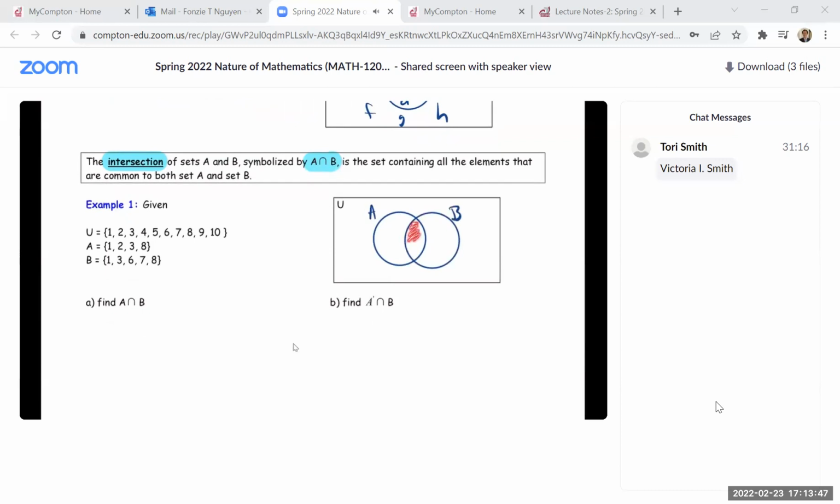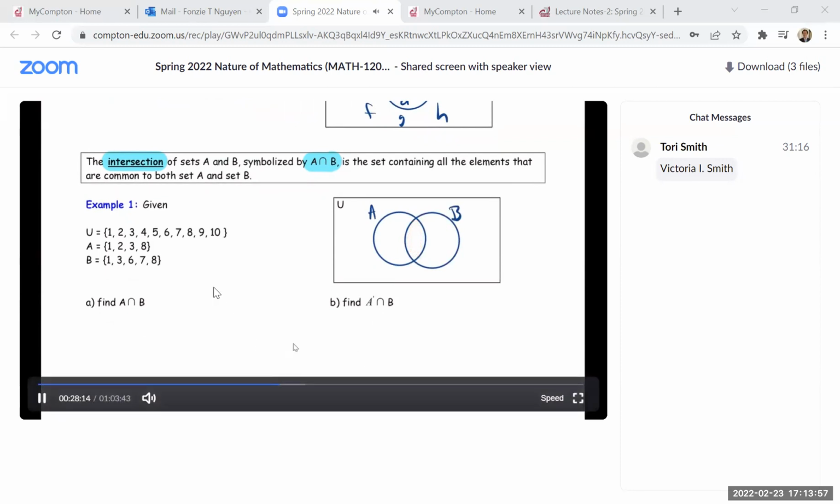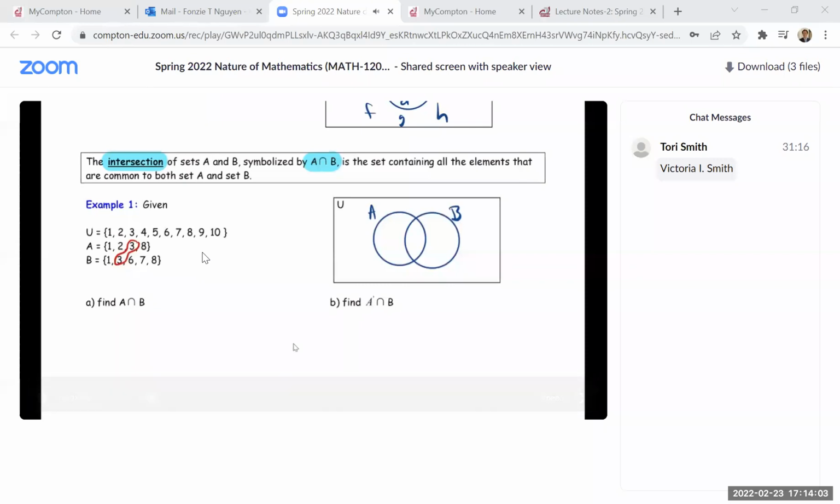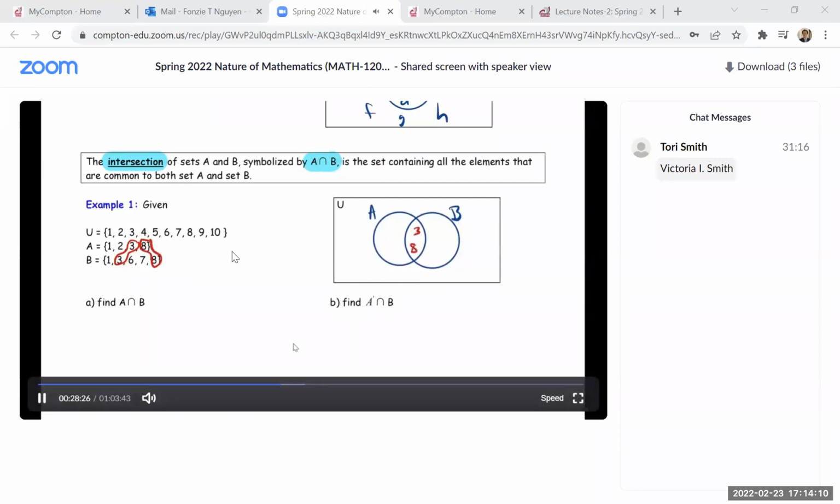Anybody know what should go in the middle? 3 and 8 too. So you're right, 3 and 8.